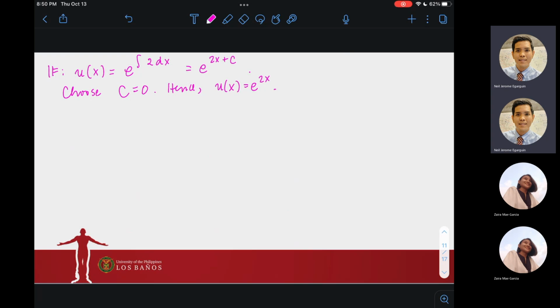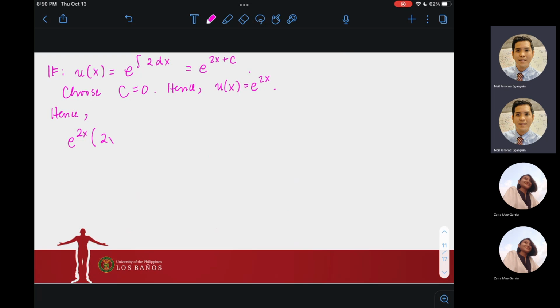Right? So, hence, we have the following ODE. I-multiply ko yung ODE natin na original by e to the power 2x. So what we'll have is this. E to the power 2x times 2y. Pwede ko pala itong i-expand uli yung m.